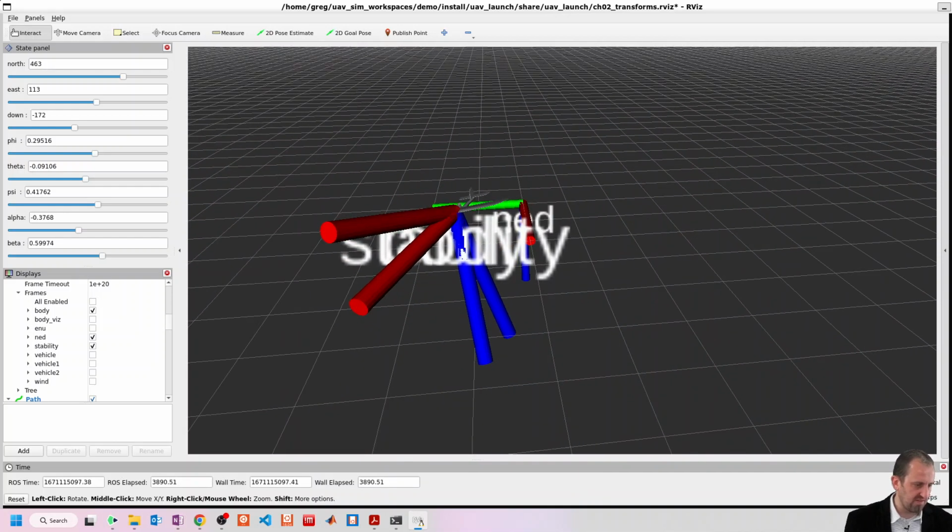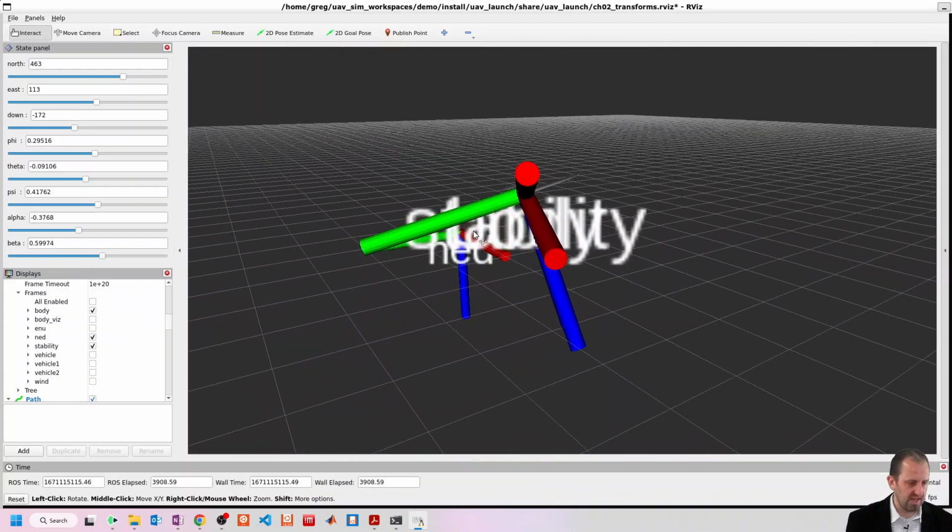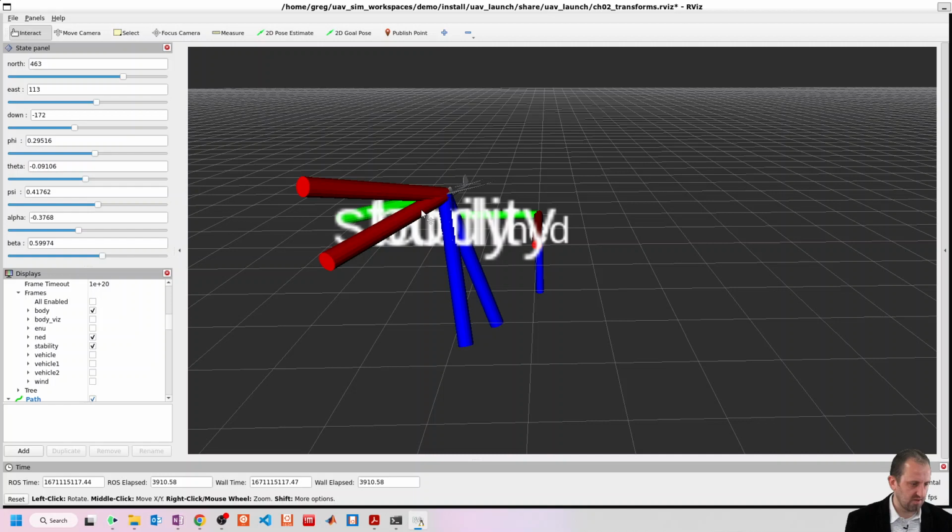The body frame, you see, is coming straight out of the aircraft, and it's basically as if we're pitching up a little bit more to get to the plane where the wind is acting. So we just have that pitch up. We go from our body up into the stability frame.